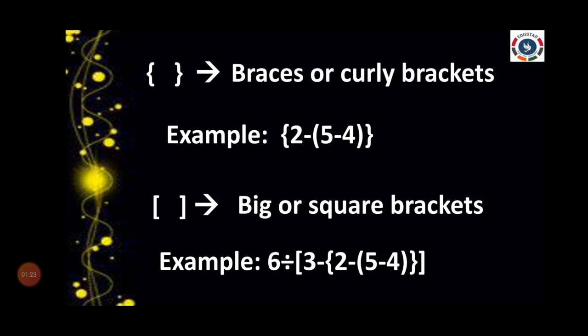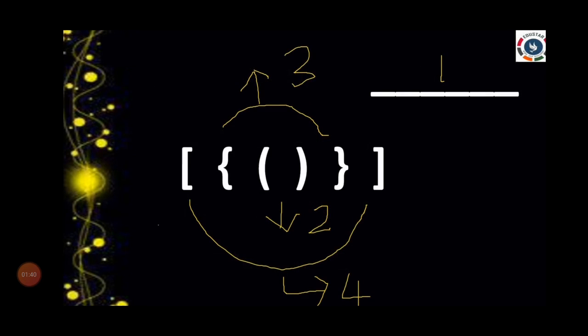L for line bracket, R for round bracket, C for curly bracket, and S for square bracket. LRCS. First preference is given to the line bracket for L, second preference to the round bracket, third preference to the curly bracket, and fourth preference to the square bracket.